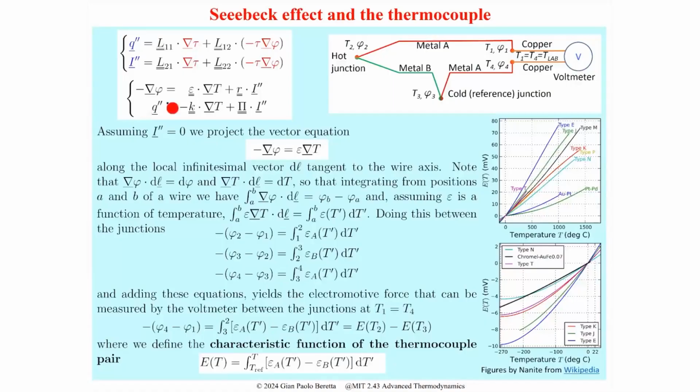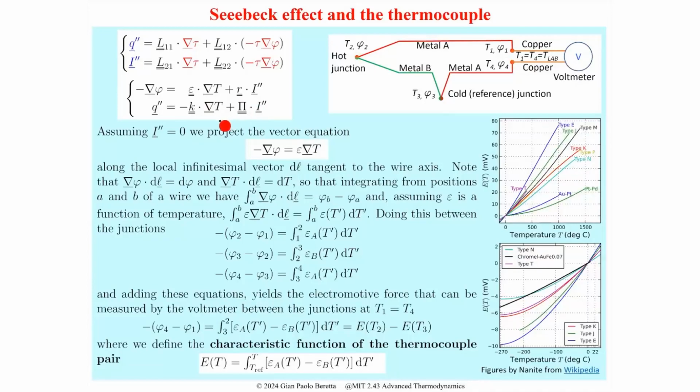And in fact, there is heat, Q double prime, that runs down along the wire, because the wire is an electric conductor, but it's also a thermal conductor. It has a thermal conductivity, and it has a Peltier coefficient.